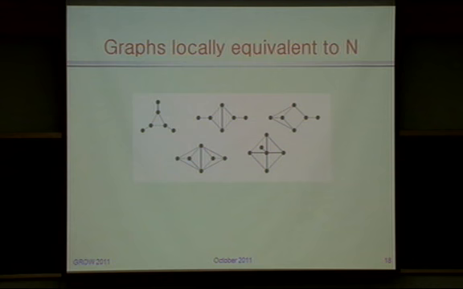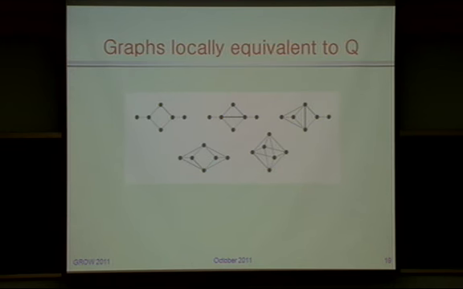So just to complete our menagerie, so to speak, of graphs, here are the graphs locally equivalent to the net graph, and here are the graphs locally equivalent to the half-cube graph.